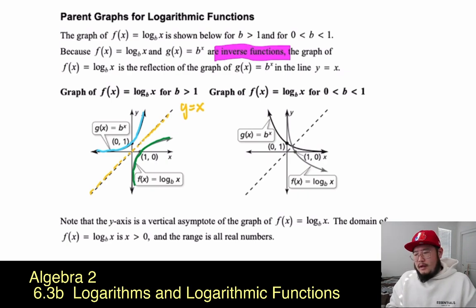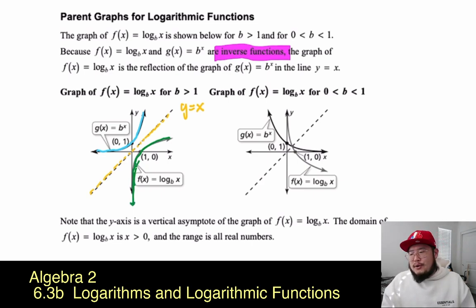There are some other things to note. We have some vertical asymptotes. Right here with the log base b of x, this green part, there's one of your asymptotes. It just starts dropping straight down.